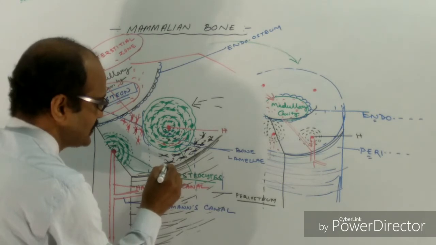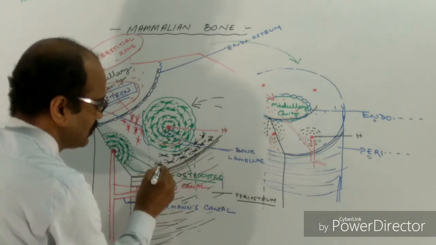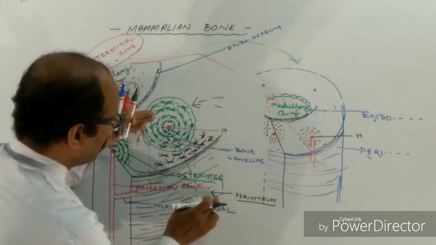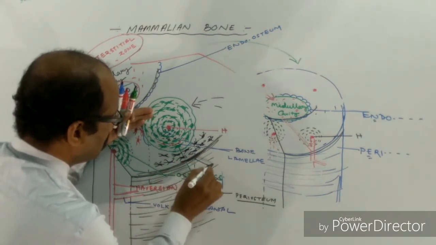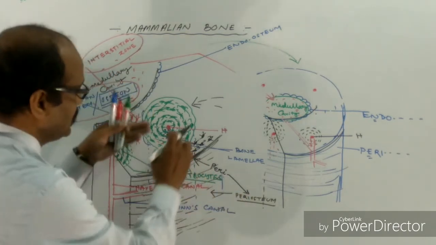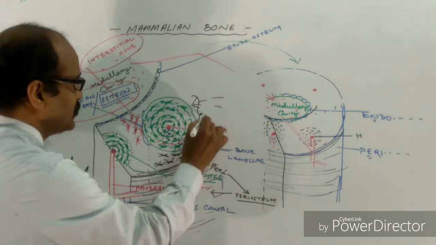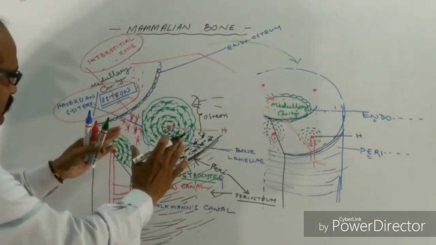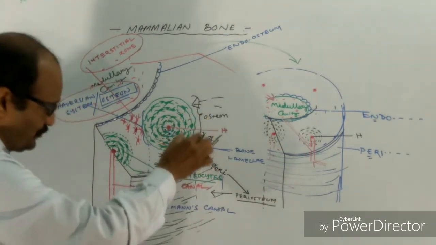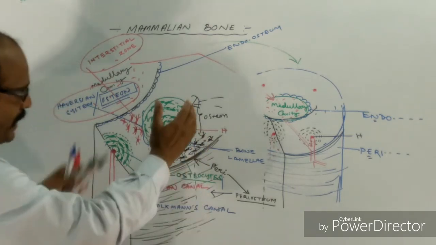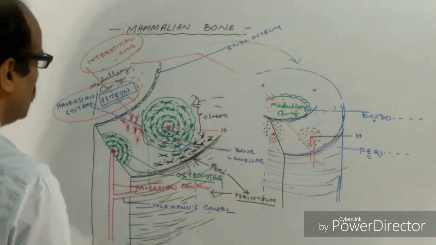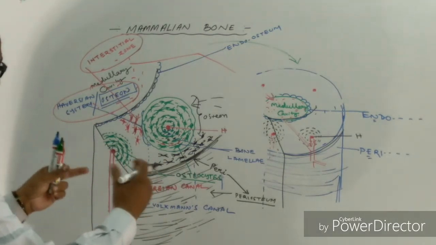These osteocyte cells are present in between the periosteum and the osteon. This layer is a thin layer which runs longitudinally, parallel to the long bone, and this zone is known as the outer circumferential zone.